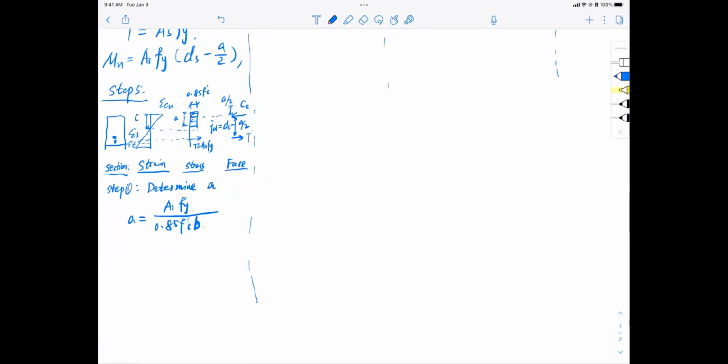Once you calculate a, you can then find c, which is the actual compressive zone size equal to a divided by beta 1. For 4 ksi concrete, beta 1 is 0.85. For 8 ksi is 0.65.